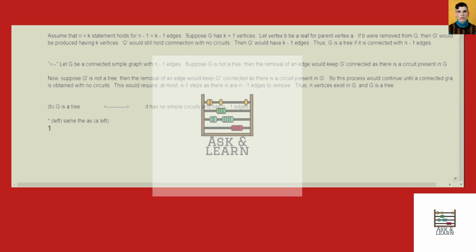Now, as far as the right direction, the problem actually gives us a hint in it. It tells us that we need to show that G is connected if it has no simple circuit and n minus 1 edges.